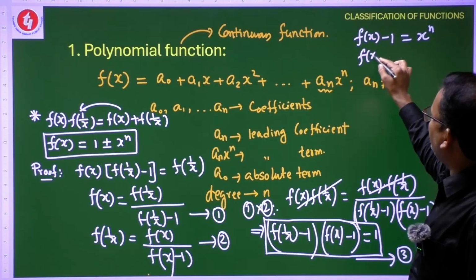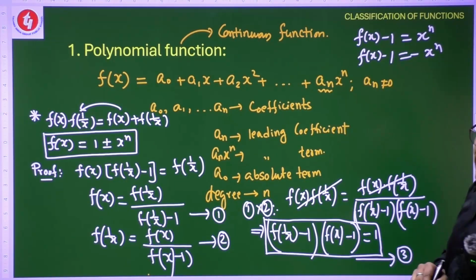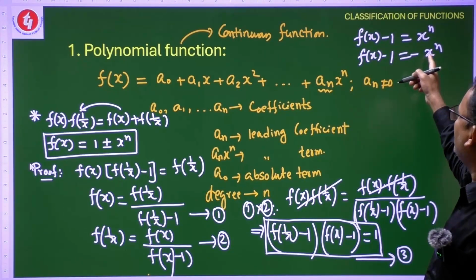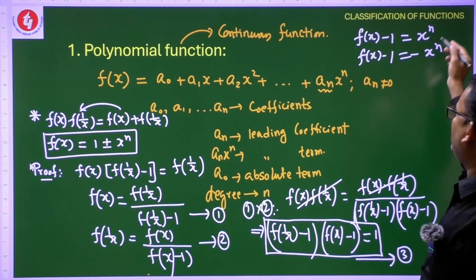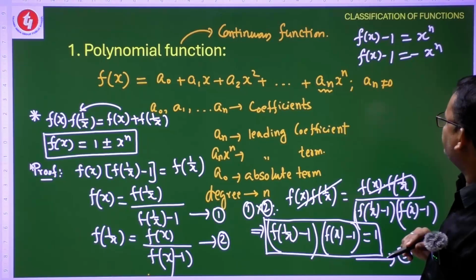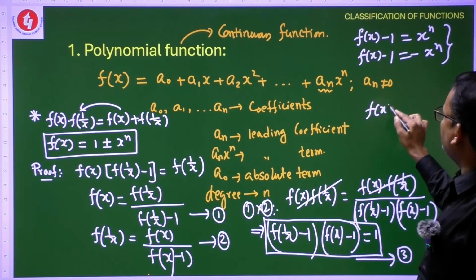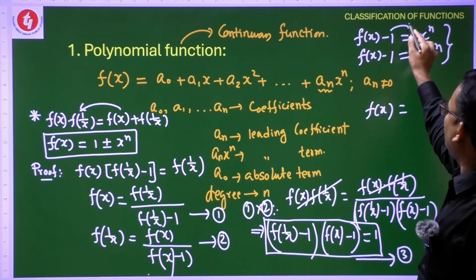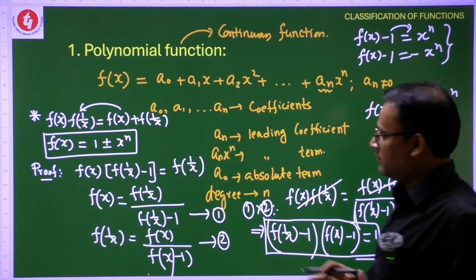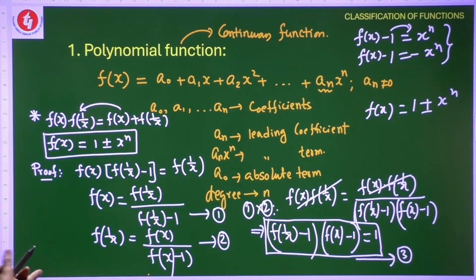Again, if f of x minus 1 is equal to minus x power n, then f of 1 by x minus 1 is minus 1 by x whole power n, so their product is again 1. So there are two possibilities: f of x will be either 1 plus x power n or 1 minus x power n. No other polynomial satisfies this result.